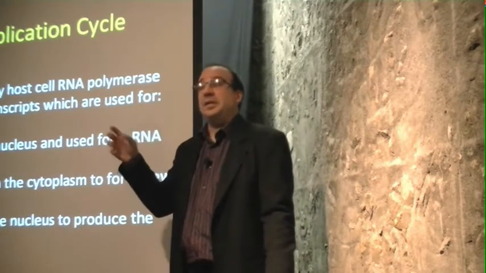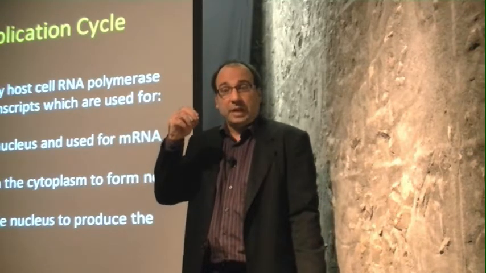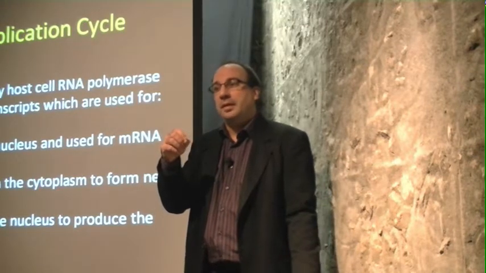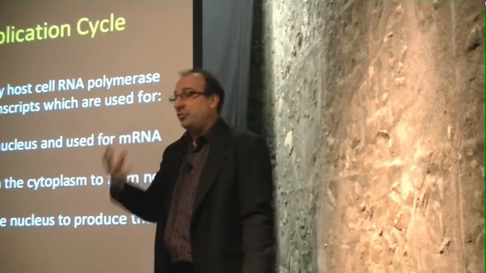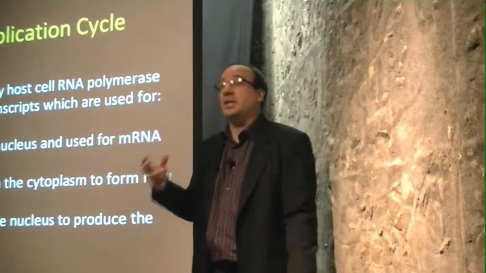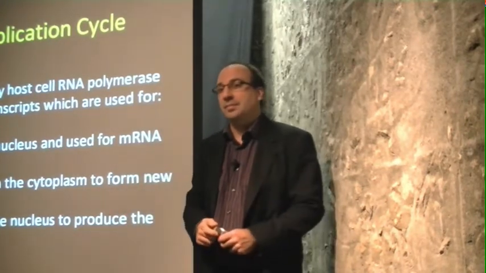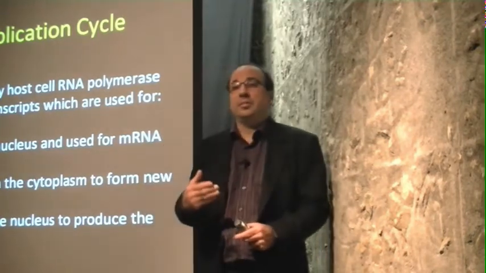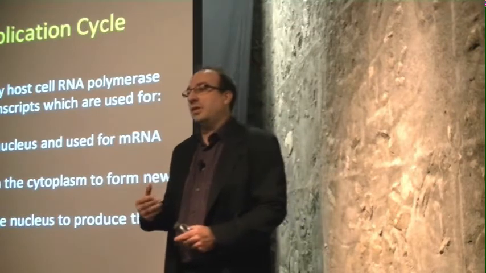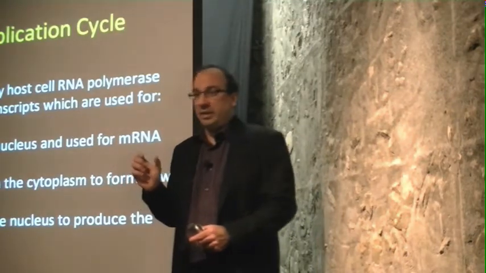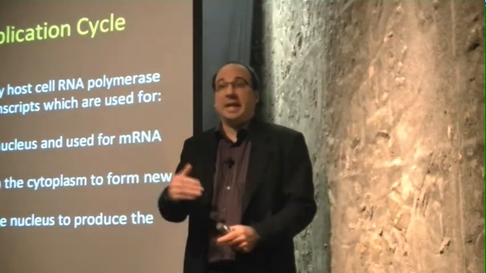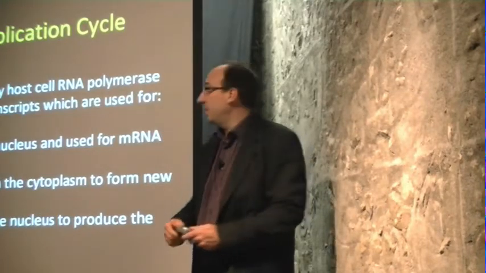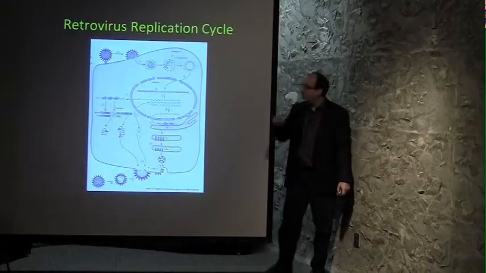That viral RNA can also exit the nucleus and form viral genomic RNA, so some of that RNA is packaged into viral genomes. And some of the viral RNA that's produced from the integrated genome is spliced in the nucleus to form the env gene. That spliced RNA then exits the nucleus and is translated into protein. And that's shown on this slide.